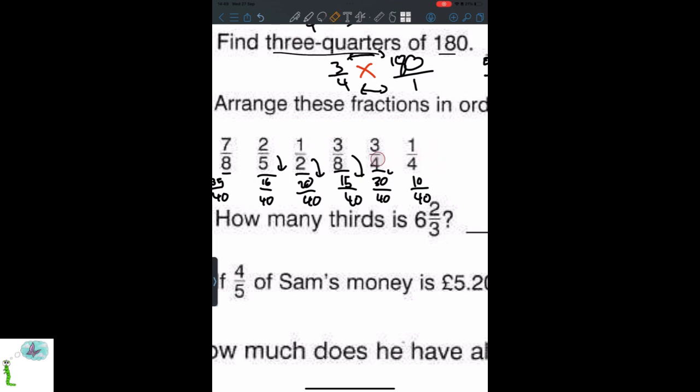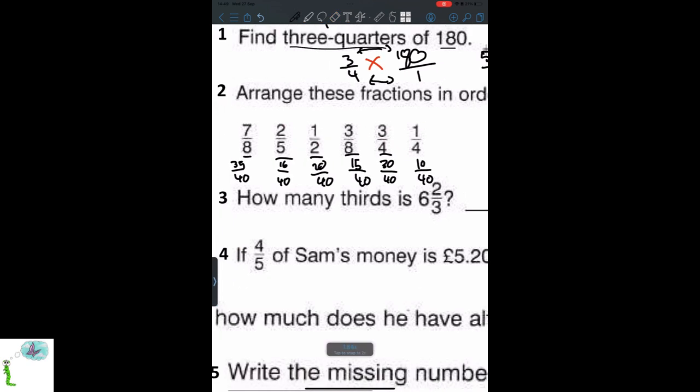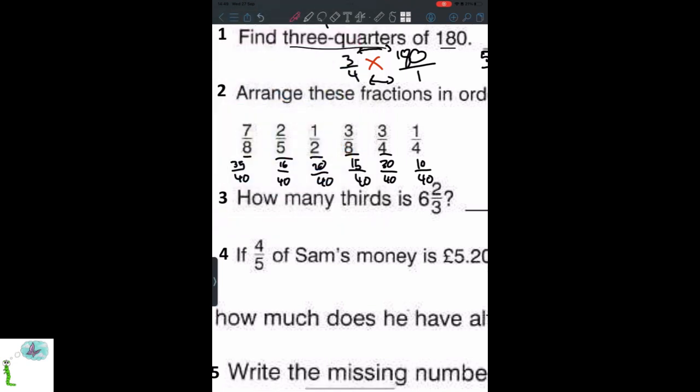And now we've got all of our fractions. Bosh. And you can easily just figure out which is the biggest, right? This is the biggest number at the top. Second biggest, third biggest, fourth, fifth, sixth. And obviously when you're entering them into the answer sheet, you're going to have to write this number, not this one. Okay, let's move on to question 3.